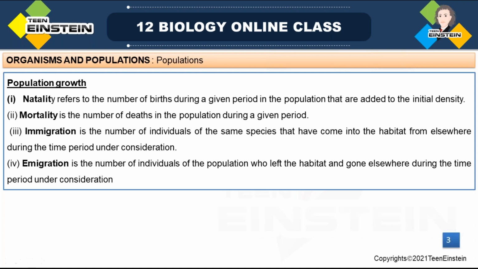What do you mean by that? Why are we saying the size of the population is not stable? Because that may change. It depends upon the availability of factors, the factors which help in the growth of that population.